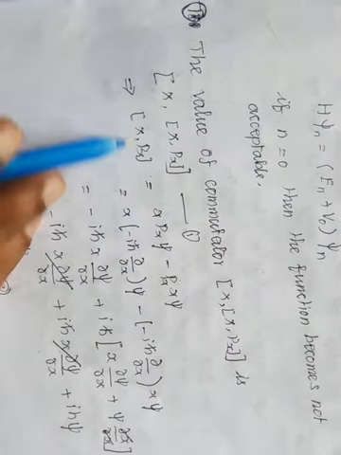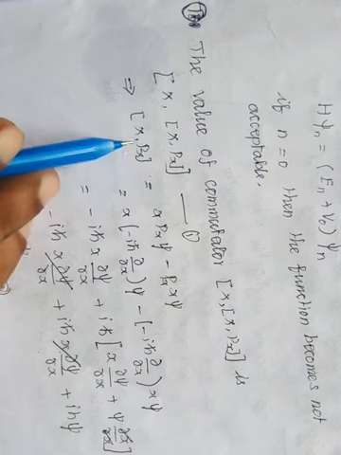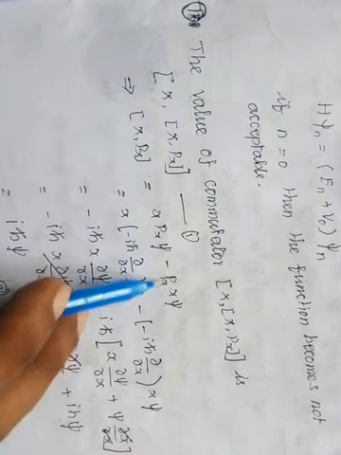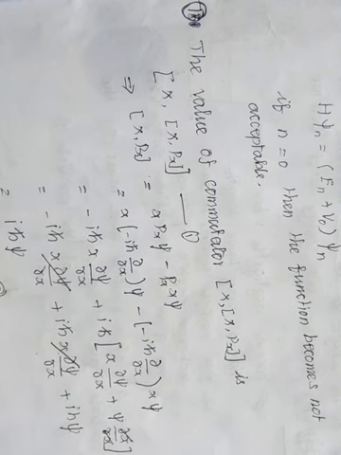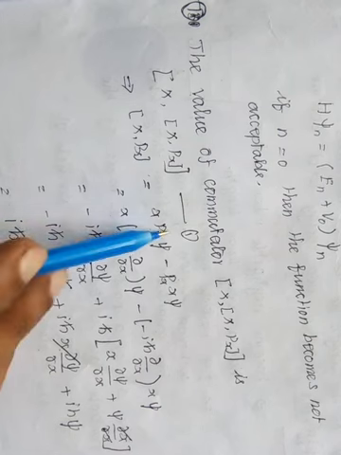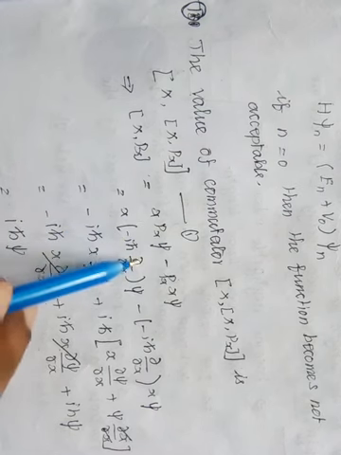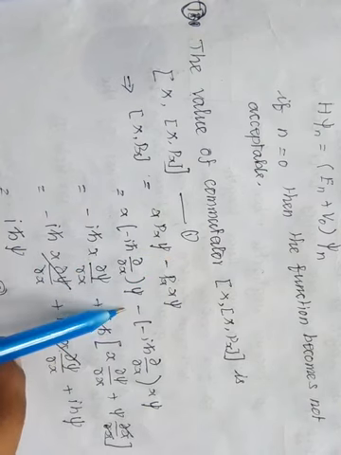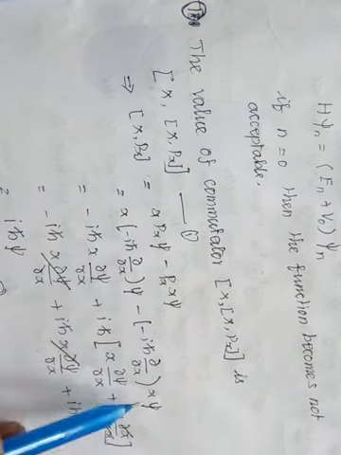The commutation [x, px] psi will be x px psi minus px x psi. The value of px we know already: p is minus ih cut d by dx acting on psi.